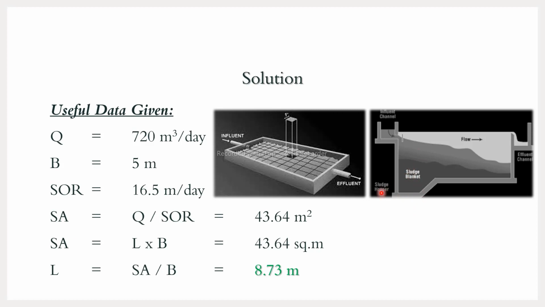Right, so sludge blanket will be there on this sludge hopper. Sorry, it will take less time if the concentration is high. So if the concentration is varying, then the time for filling the sludge hopper will also vary.